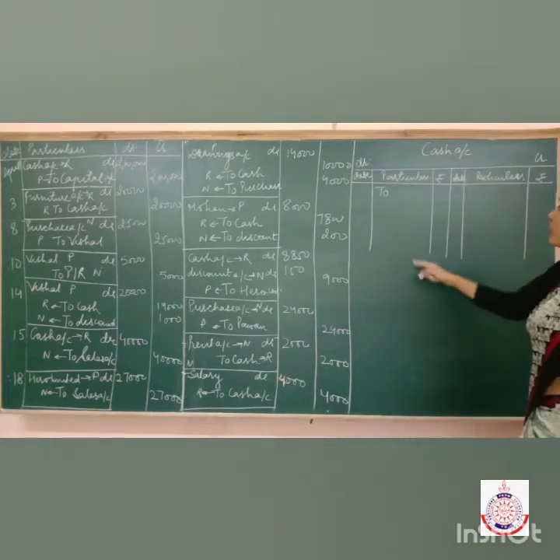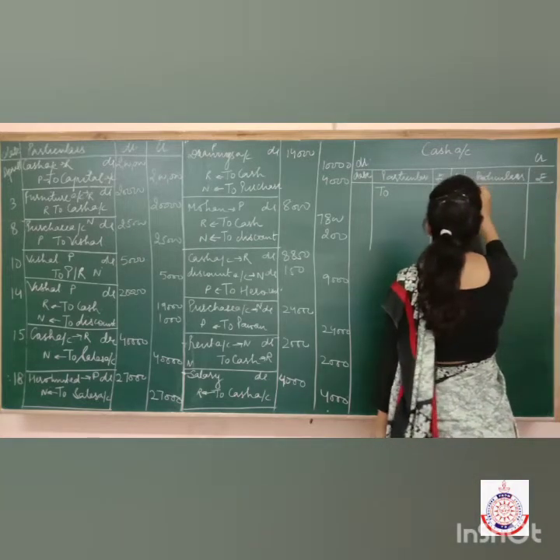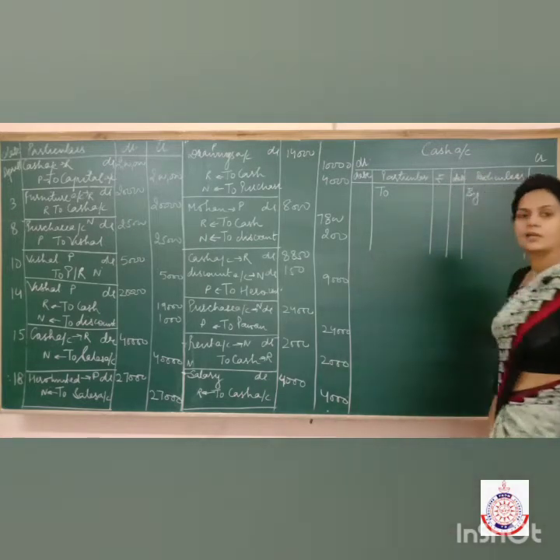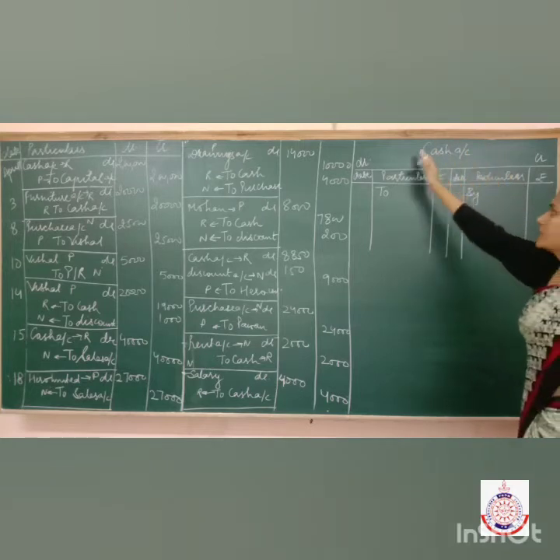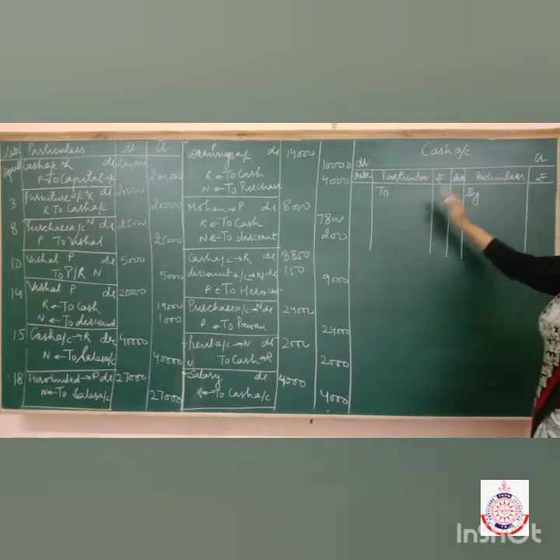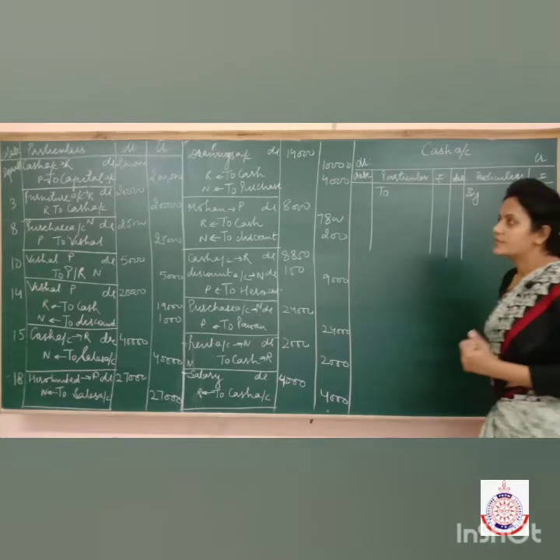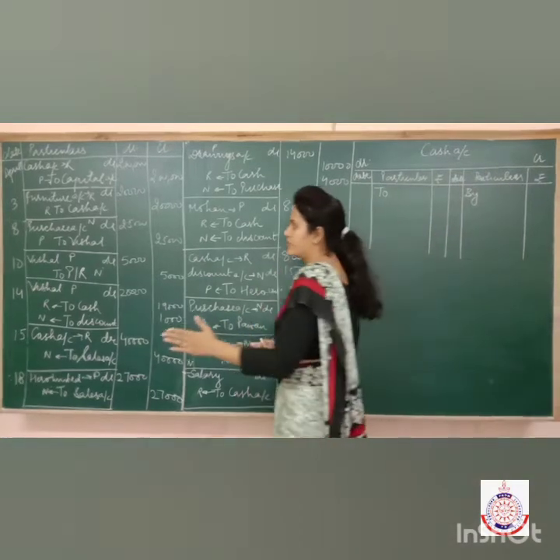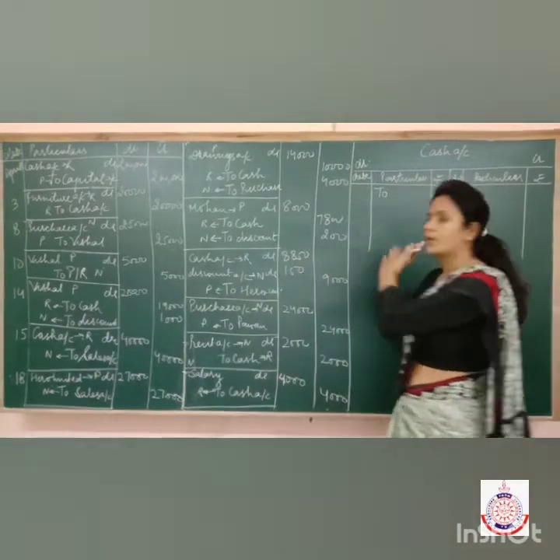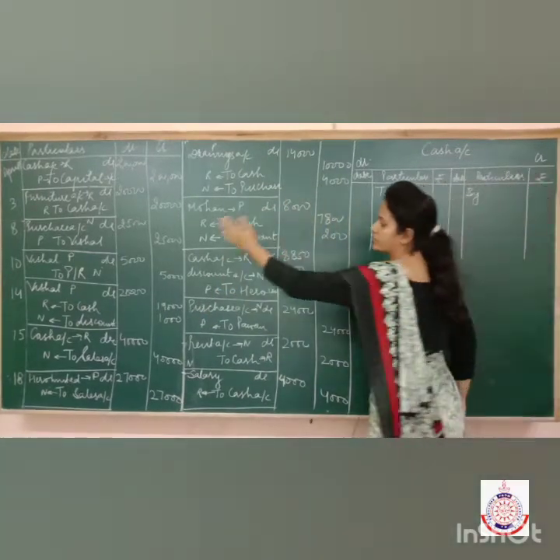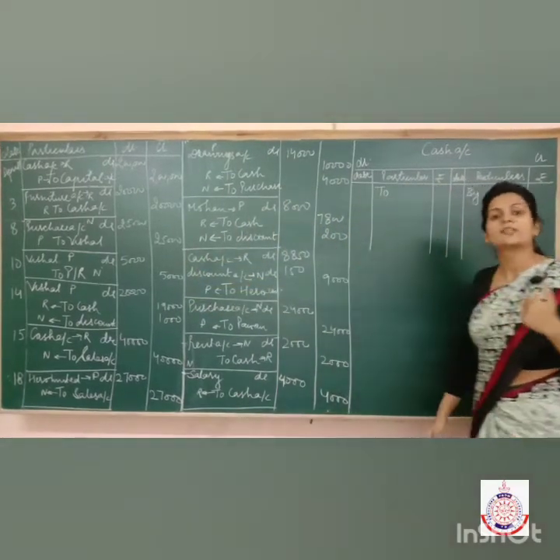If I want to record any transaction on the credit side, it will start with the word by. It means the transaction on the debit side will start with to, the transaction on credit side will start with the word by.